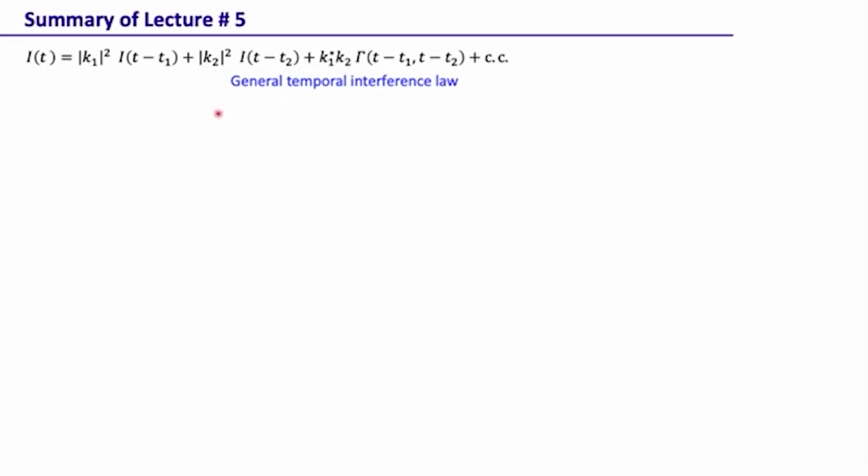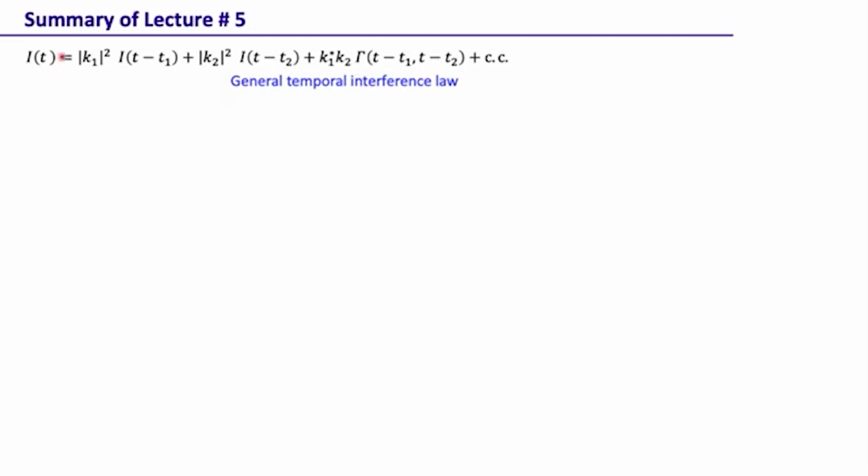The general methodology is that one picks up fields from those 2 points and then combines them through an interferometer, and then the intensity at the output port of the interferometer contains this correlation information. This is the correlation between the fields at t minus t1 and t minus t2.